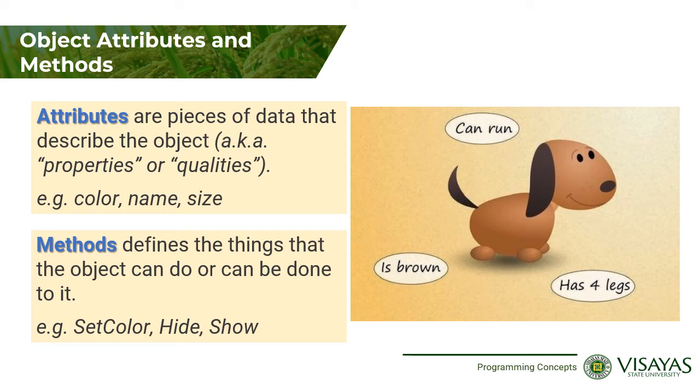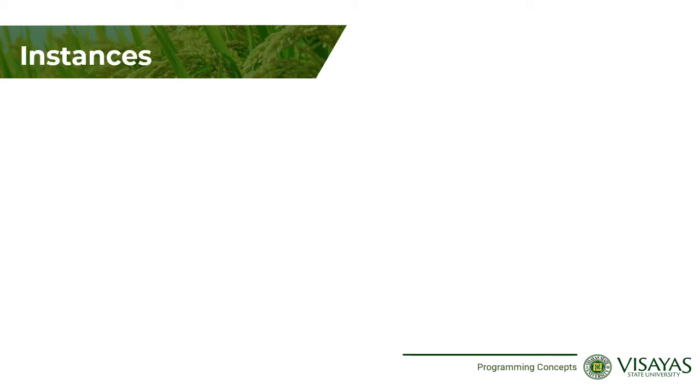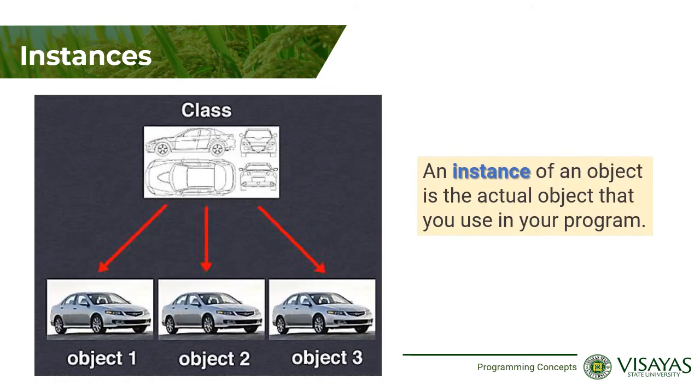For example, we have set color command, hide command, and show command. We also mentioned earlier the term instances. In object-oriented programming, when we say instances, we refer to the actual object that you use in your program or the resultant in-memory use of a class as an object.